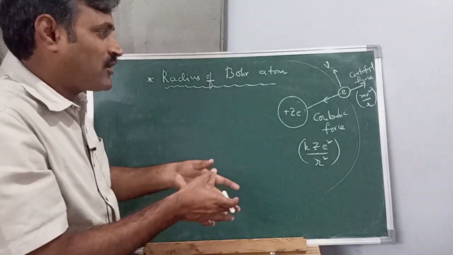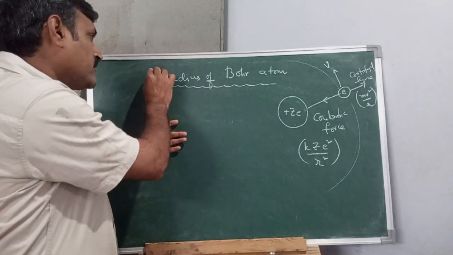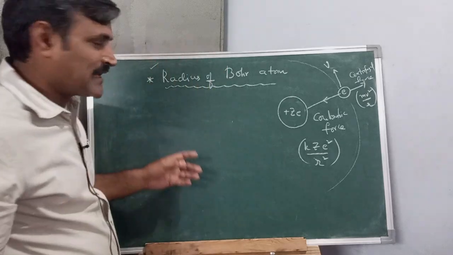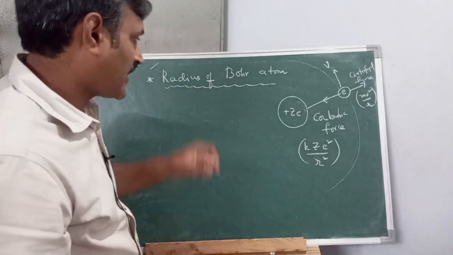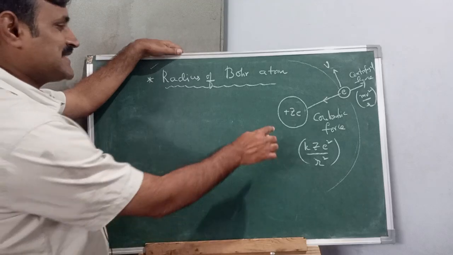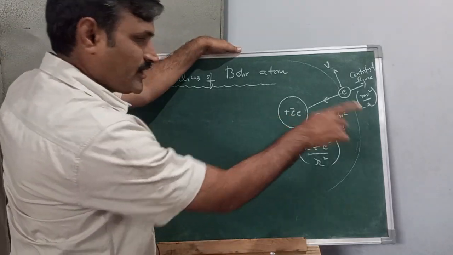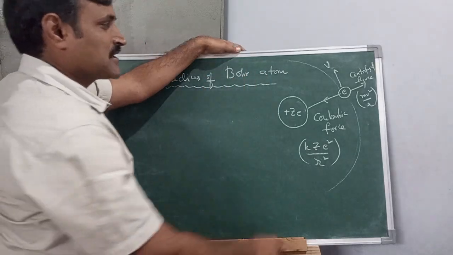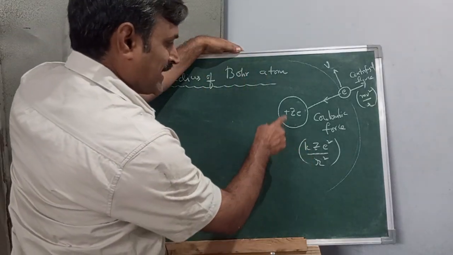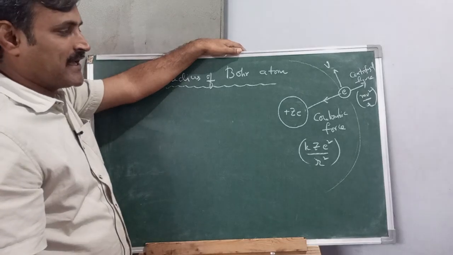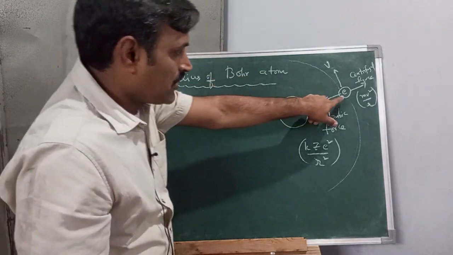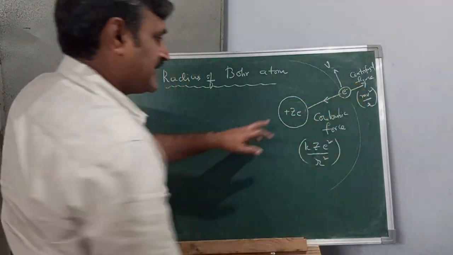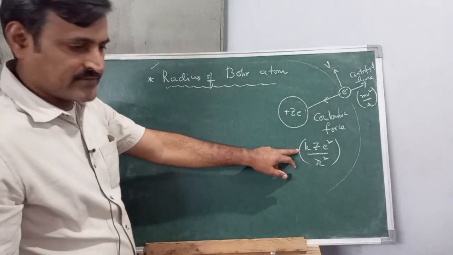If you take this concept into consideration, we can find the radius of the Bohr atom, in which Z is the atomic number and e is the charge. When a charged particle and an oppositely charged particle are there, the attraction is called the Coulombic force of attraction.